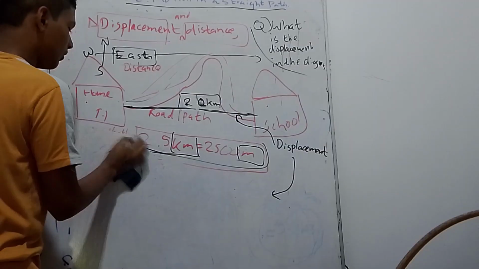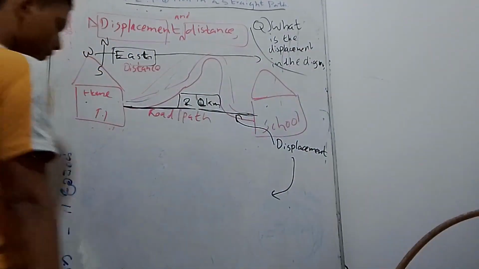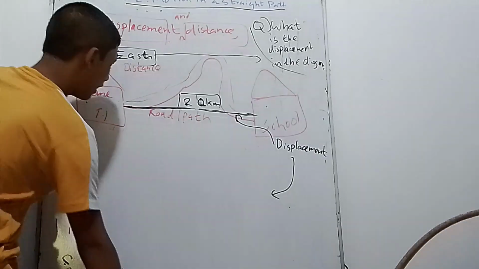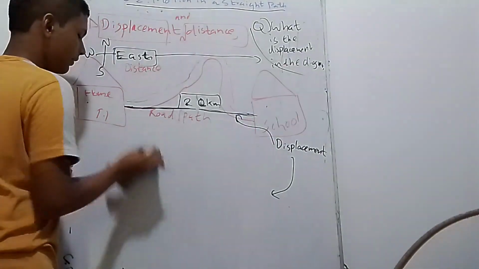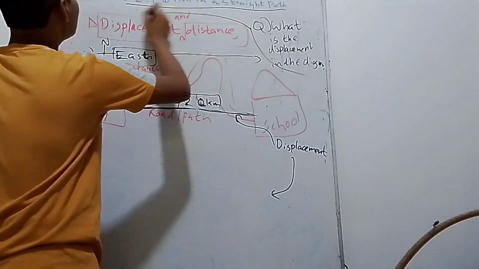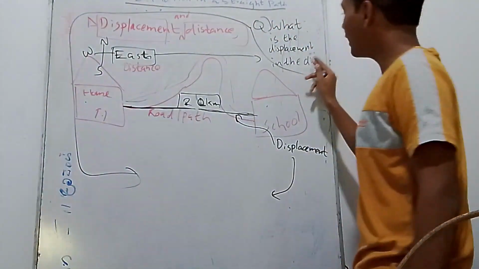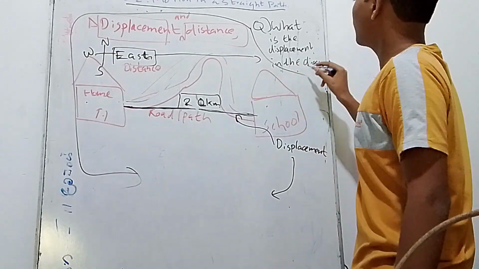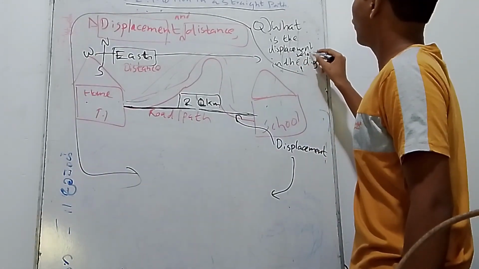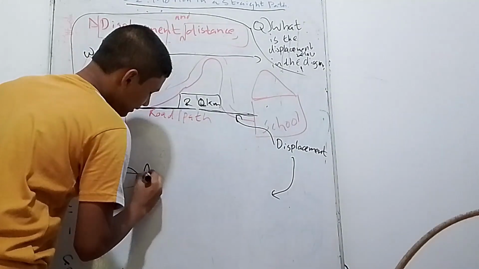So I erase the distance part, and I am now going to show how to write the answer for a question like this. The question says, what is the displacement in the below diagram? Answer should be like this.